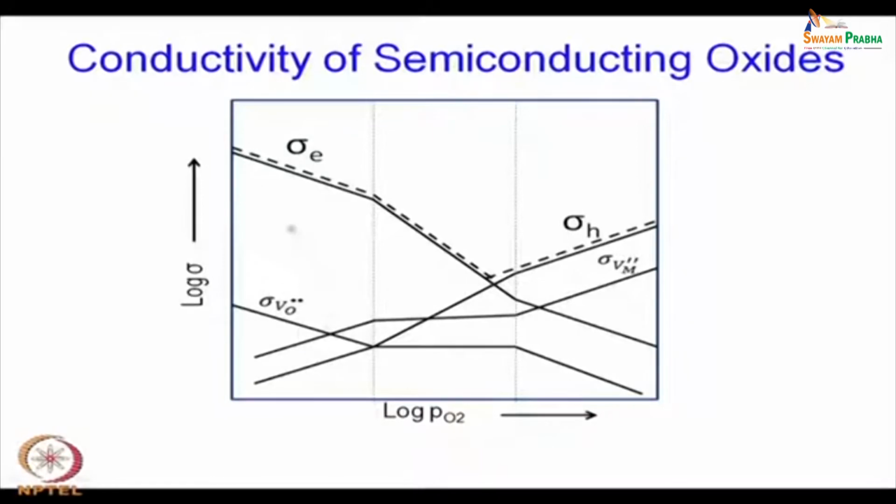What will reflect is the highest concentration, the electron concentration on the lower PO2 side, and the hole concentration on the higher PO2 side. They will dominate the conducting properties. These are only for the sake of our understanding.